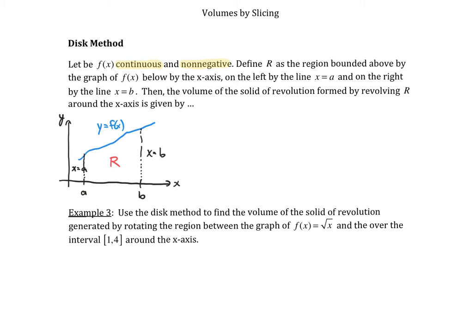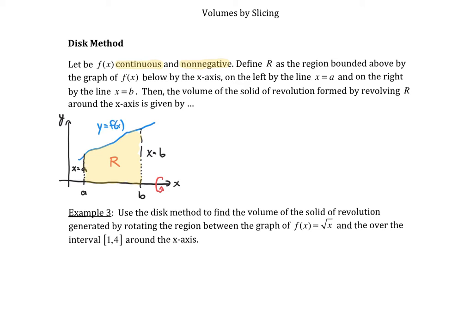So maybe I'll even shade this over here. This is the region R that we are rotating, okay? And we're rotating around the x-axis. I always like to put a little loop here to indicate we're rotating about the x-axis.